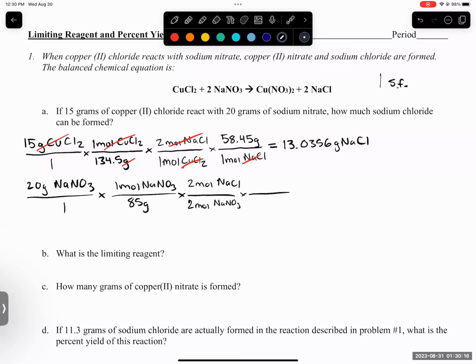And we know from calculating it earlier that the molar mass of sodium chloride is 58.45 grams. And if we put that into our calculator, what do we get? Also good to see that the units cancel out. Write your units. It'll make sure you're going in the right direction.